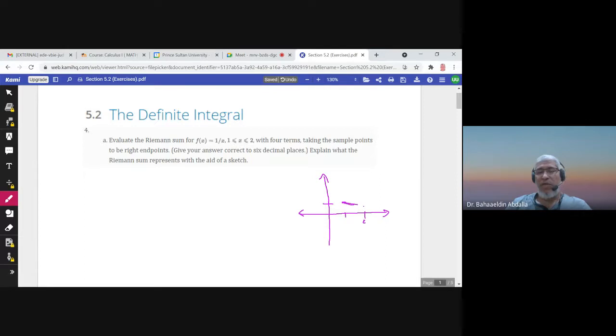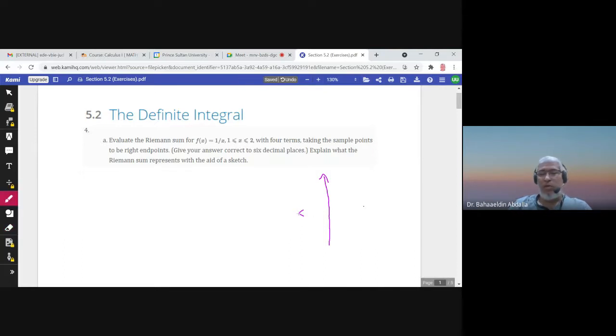So it's a curve connecting these 2 points, and we have this region, okay? This is the region we need to find the area of. Let me make it bigger, because we are going to divide this area.